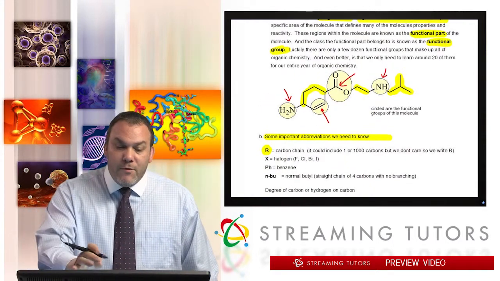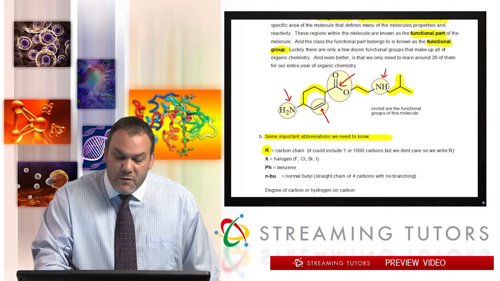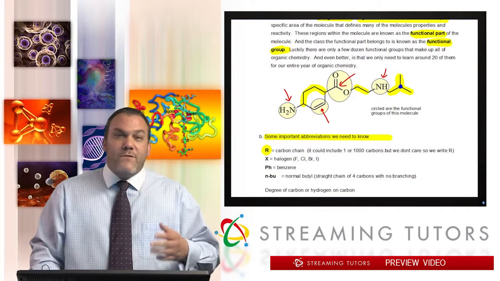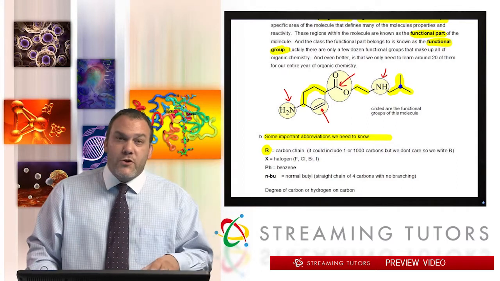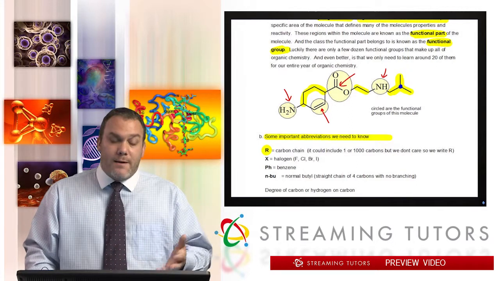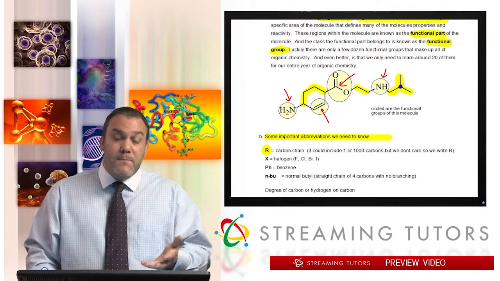Let's say I really care about this blue carbon that I'm highlighting. If I have to draw this structure 30 times, it's going to be really annoying. Even 5 times, even twice is annoying, right? This is a big structure.